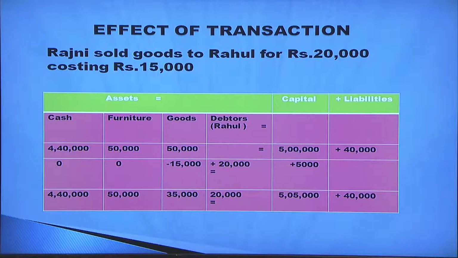So, new accounting equation will be 4,40,000 cash, 50,000 furniture, goods 35,000, debtors 20,000. So, the asset side will include these items. In the liabilities side, we can include capital and liabilities. So, capital of rupees 5,05,000 and liabilities 40,000. So, here also accounting equation is satisfied.